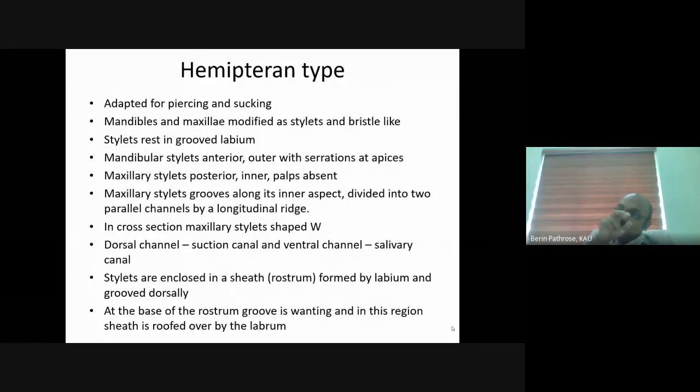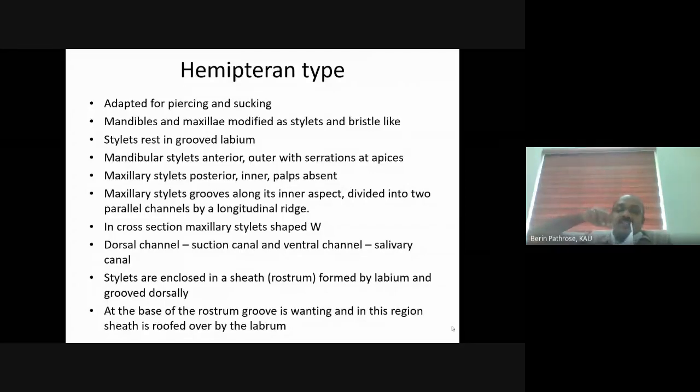So I told you there are four bristle-like stylets which are modifications of a pair of mandibles and a pair of maxillae, and these bristle-like mandibular and maxillary stylets are enclosed in a grooved labium. Labium is modified into an elongated proboscis, and this elongated proboscis is grooved on its dorsal surface.